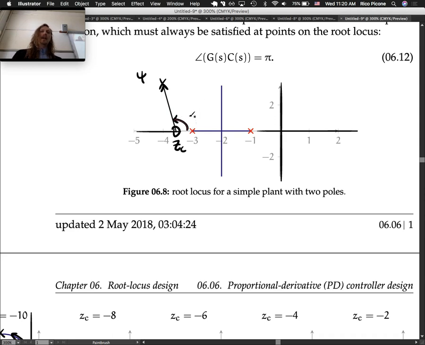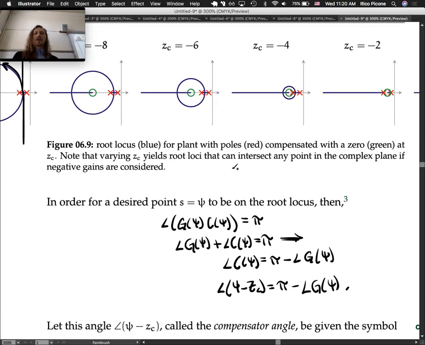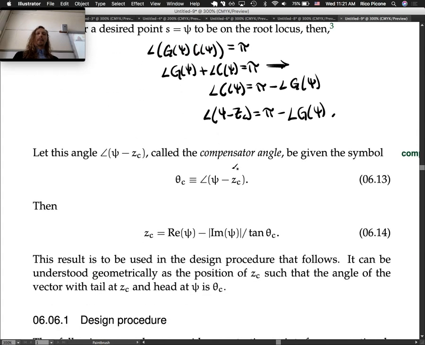We just call that theta C, the compensator angle, okay? So we need this theta C to be such that the phase criterion is met at that point, right? So that's our goal here. So theta c is the compensator angle that we need.